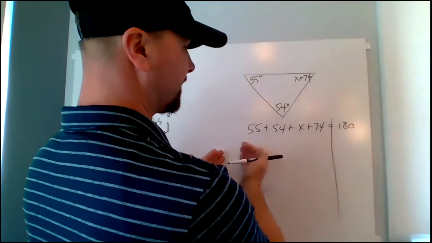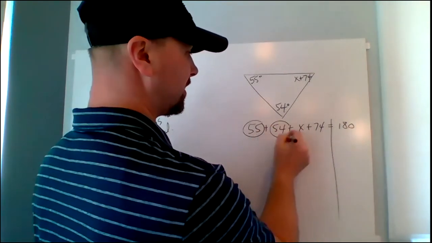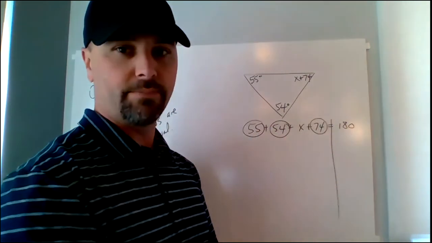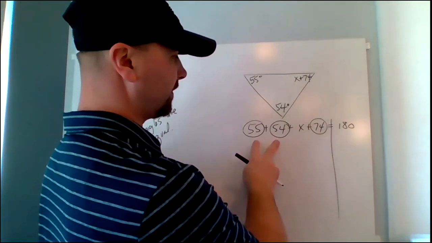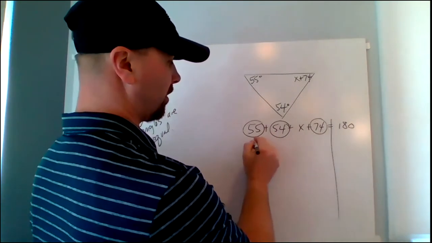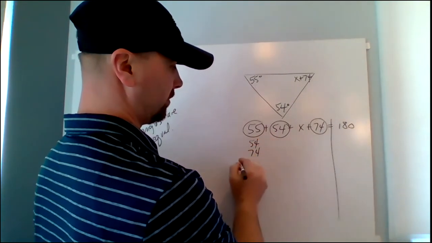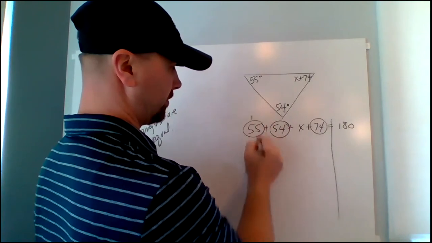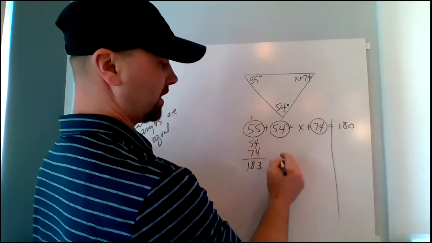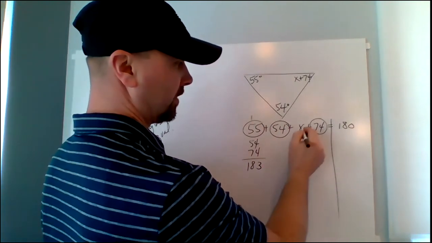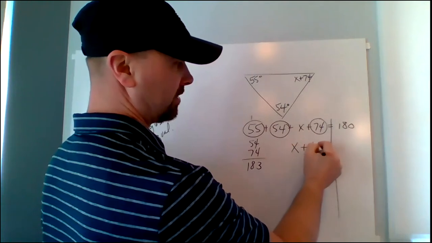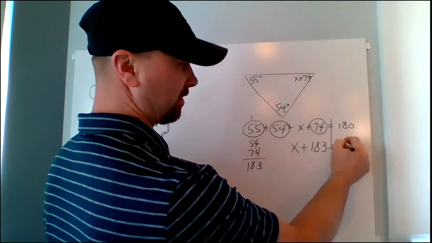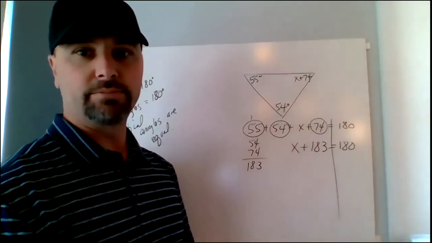So over here on the left side, we have three numbers that we can go ahead and put together: 55 and 54 and 74. Old school. Okay, that's 183. So I'm going to bring my x down, my 183, and my other side down.